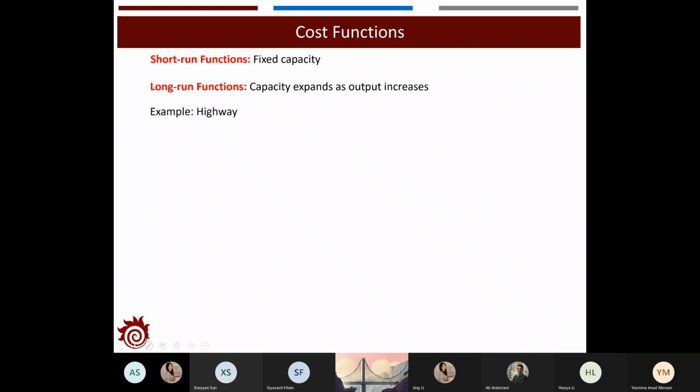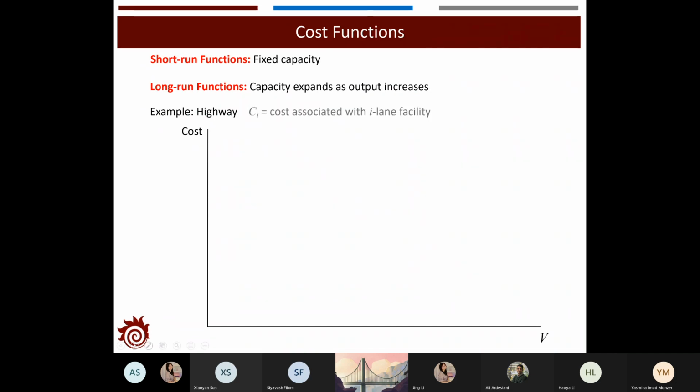And still, we can take a look at the freeway example. Here we have the cost as a function of the flow, and Ci will be the cost of the ith lane on the road.